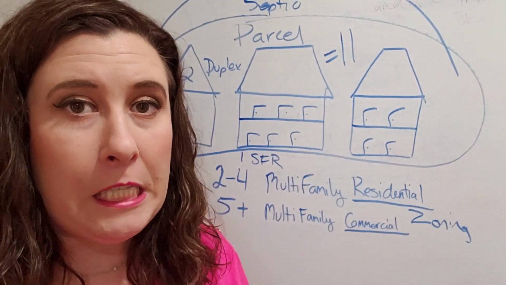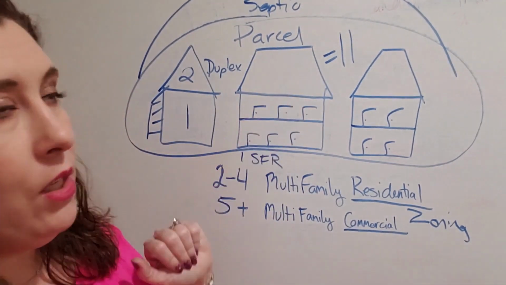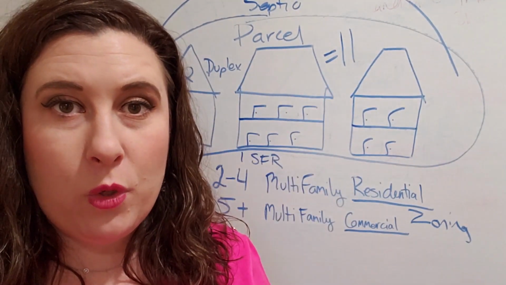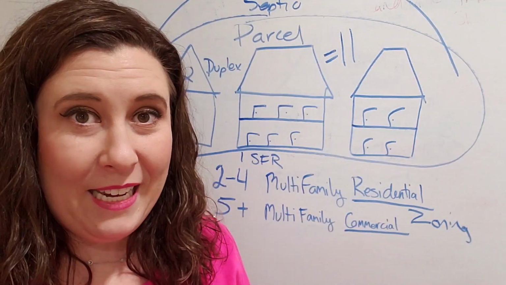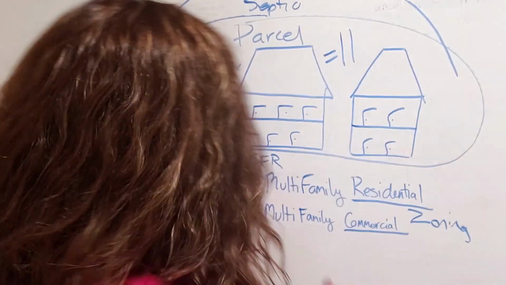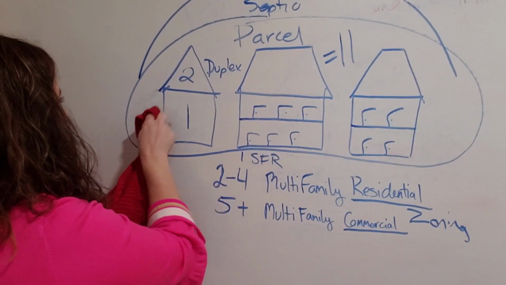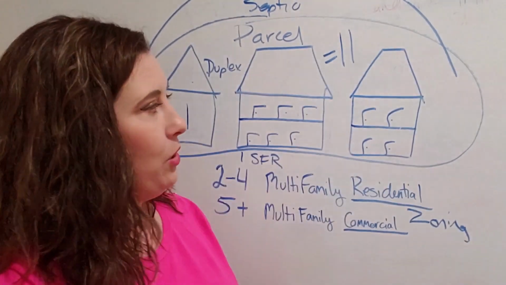I could very easily have found a parcel that had 4 buildings on it, each with 4 units, which would have been 16 units right on the same parcel ID. But I didn't find this. I found a house sitting next to a 6, sitting next to a 4.